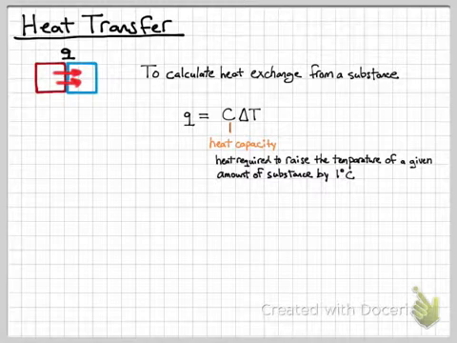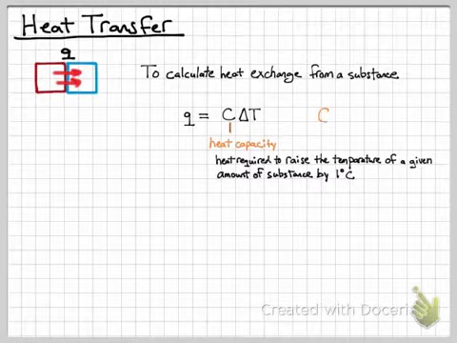So how much heat is required to raise the temperature of a given amount of a substance by 1 degree Celsius is called its heat capacity. This is a property that is dependent on the amount of the substance. So in other words, it's an extensive property. For instance, 1 gram of copper will have a smaller heat capacity than 10 grams of copper.